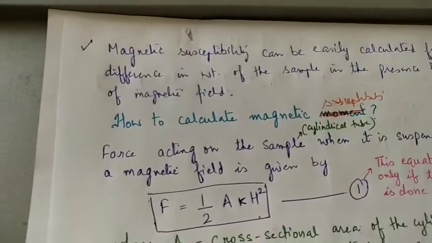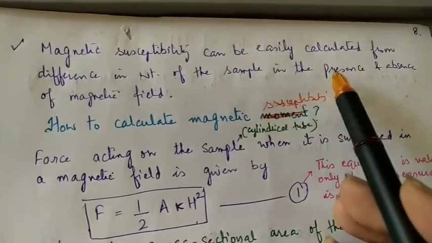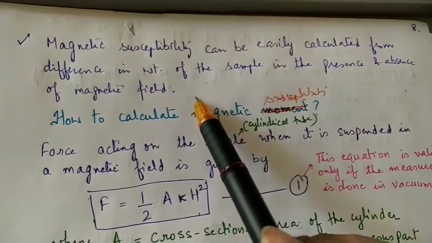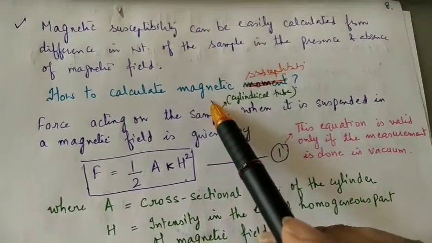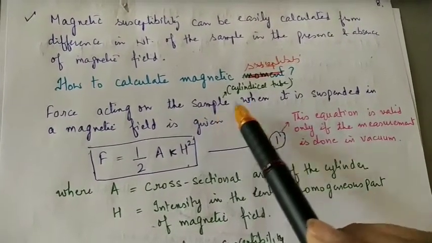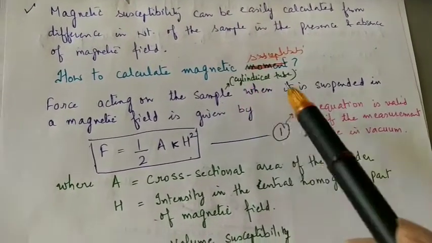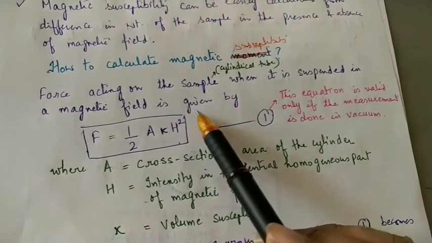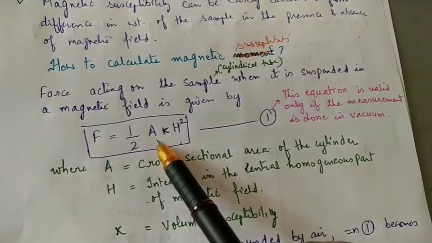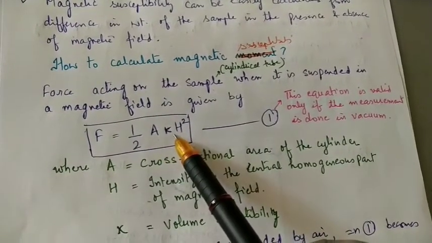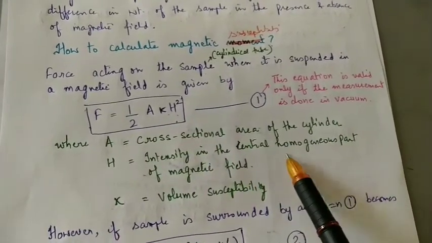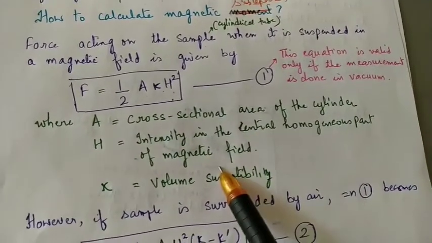Magnetic susceptibility can be easily calculated from the difference in weight of the sample in the presence and then in the absence of magnetic field. Now, how to calculate magnetic susceptibility? The force acting on the sample in a cylindrical tube, when it is suspended in a magnetic field, is given by F equal to 1/2 A kappa H squared, where A is the cross-sectional area of the cylinder, kappa is the volume susceptibility, and H is the intensity of the central homogeneous part of the magnetic field.